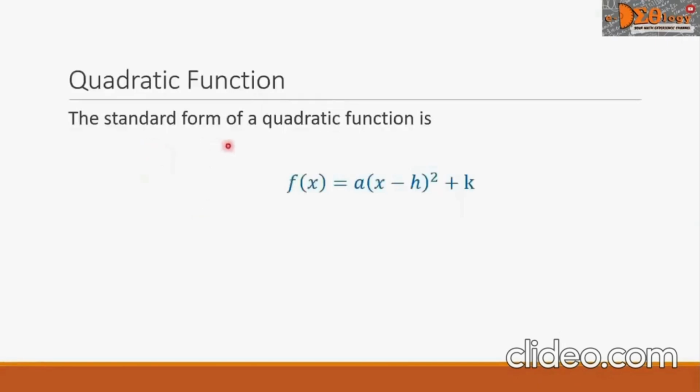The standard form of a quadratic function is f of x equals a times the quantity x minus h squared, then plus k. We know that the graph of a quadratic function is a parabola. In the standard form, we can see here the h and the k, and that is exactly the vertex of the parabola.